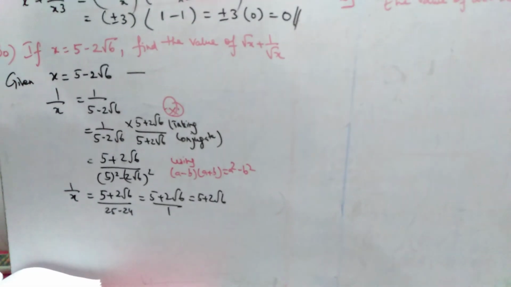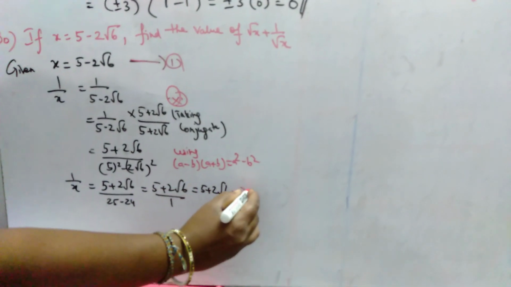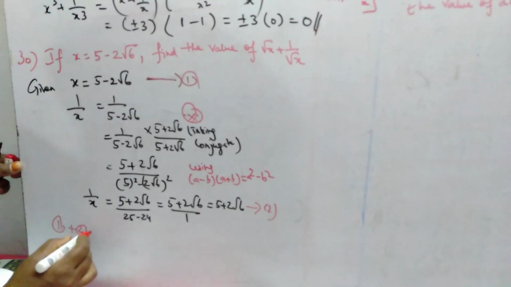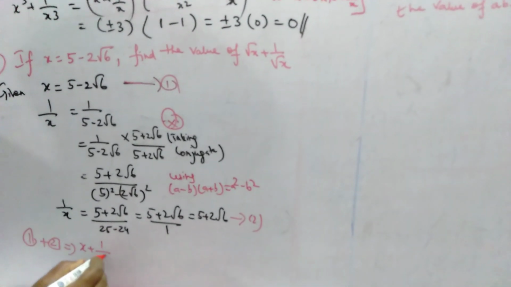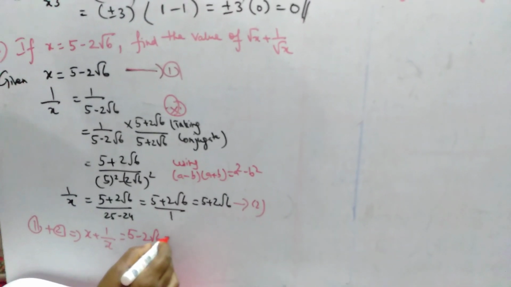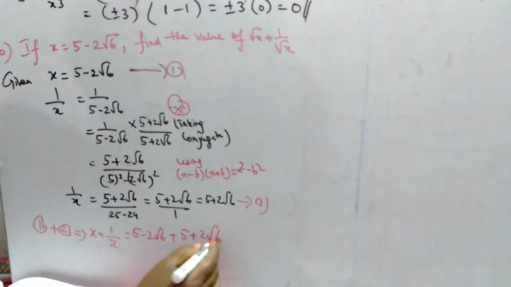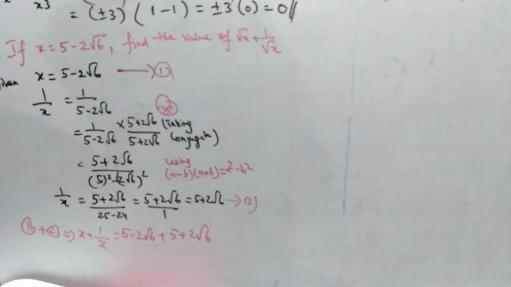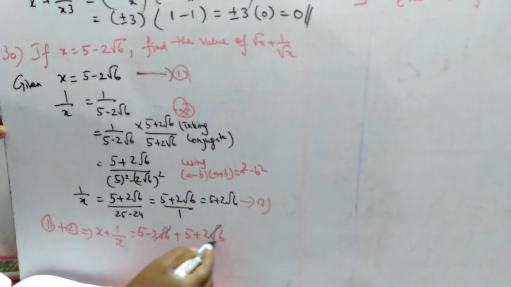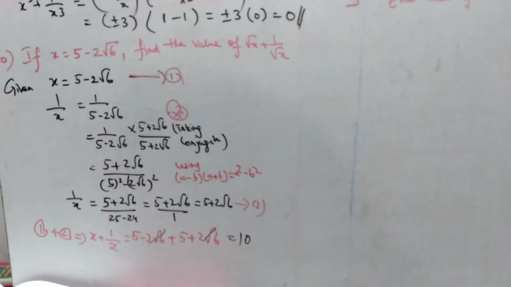Assume the given one as equation 1 and this as equation 2. Adding 1 and 2, x + 1/x = 5 − 2√6 + 5 + 2√6. The −2√6 and +2√6 will get cancelled, so we will be getting 10. x + 1/x = 10.